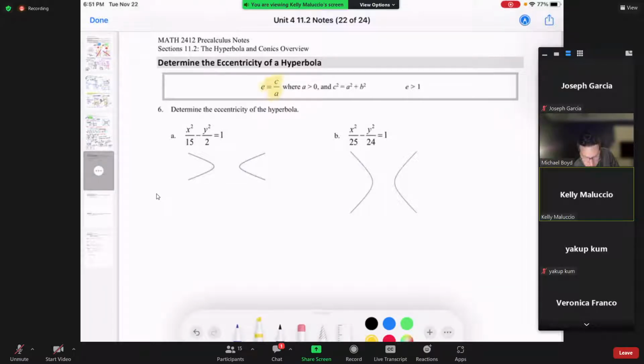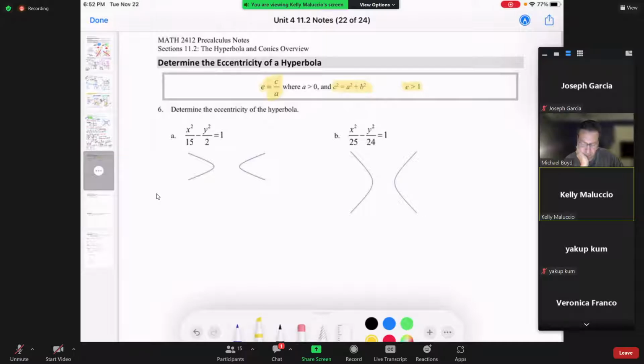Again, the eccentricity is c over a, very similar to the previous, right? And you know that c squared comes from your foci. It's a squared plus b squared. And in this case, our eccentricity is always going to be greater than 1.